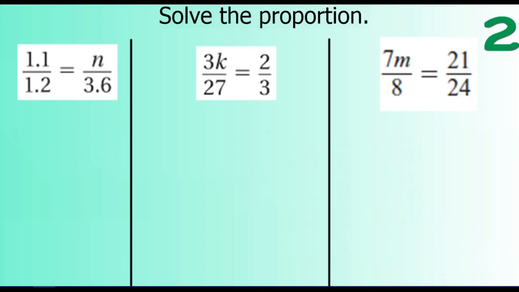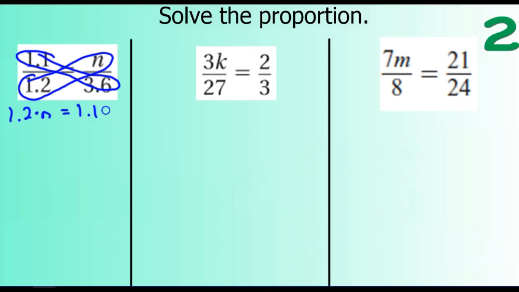Alright, so we're going to solve these proportions again, remember, by cross-multiplying. So we have 1.2 times n and 1.1 times 3.6.